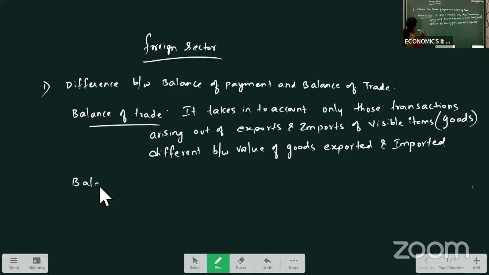Now let us see what is balance of payment. In trade, we include only the transactions of goods, whereas invisible items are also included in our balance of payment. You can see the balance of payment includes all transactions, including the invisibles.